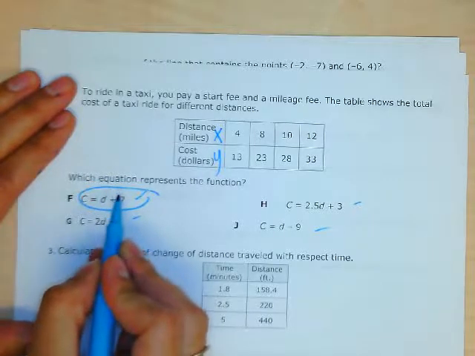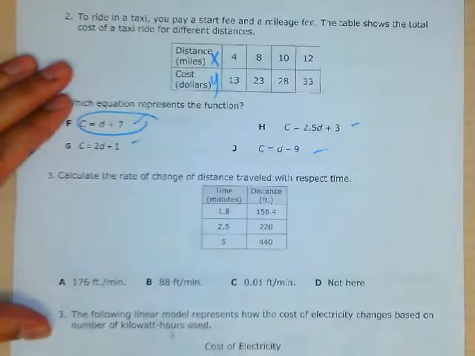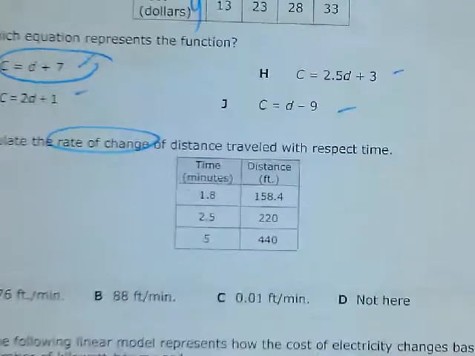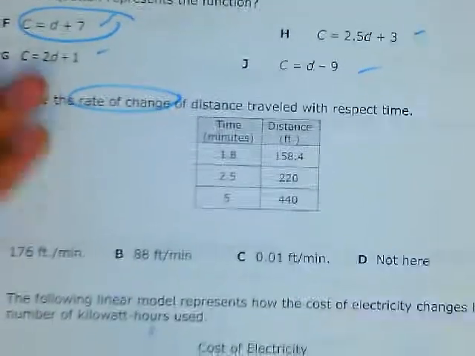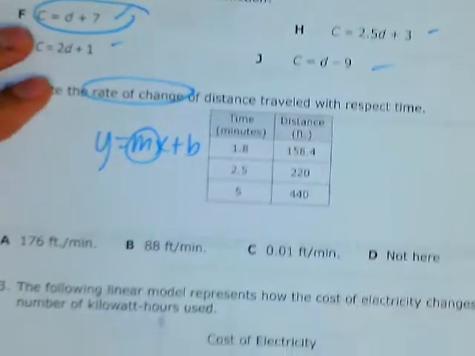So it's not a quadratic and it's not an exponential, so it's got to be a linear. Okay? Here it tells me rate of change, and there's a table, so I know that it's linear, and I'm gonna look for the slope. So in y equals mx plus b, the m, okay?